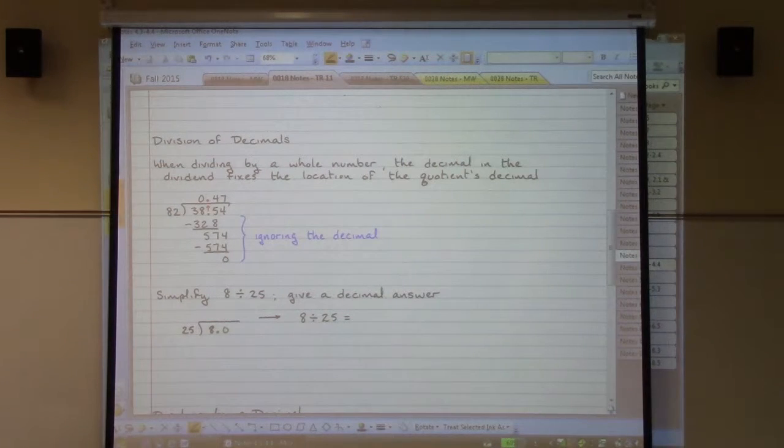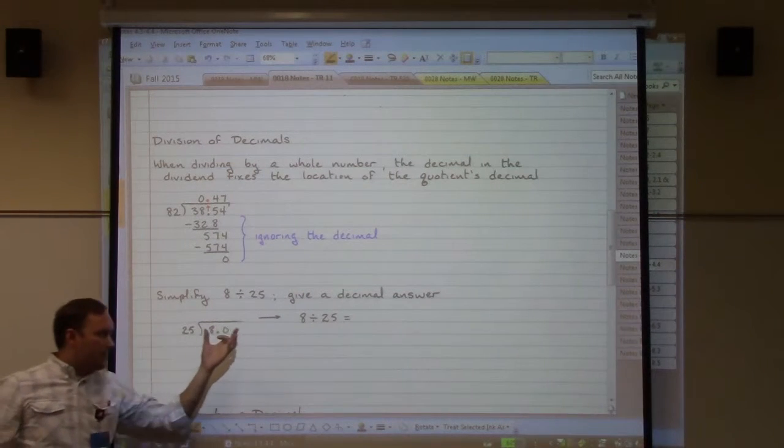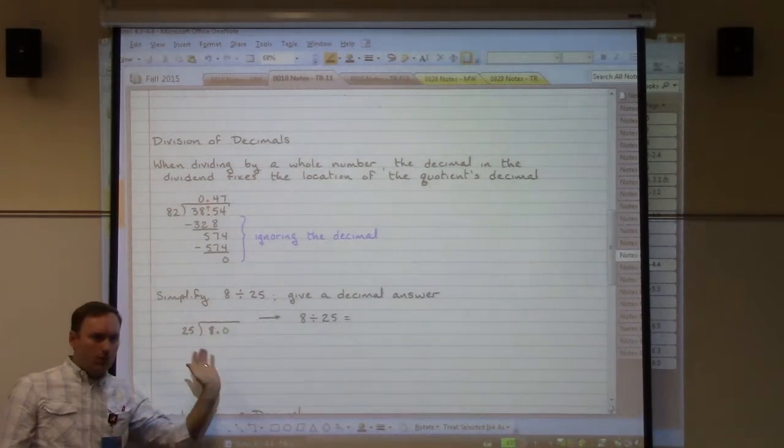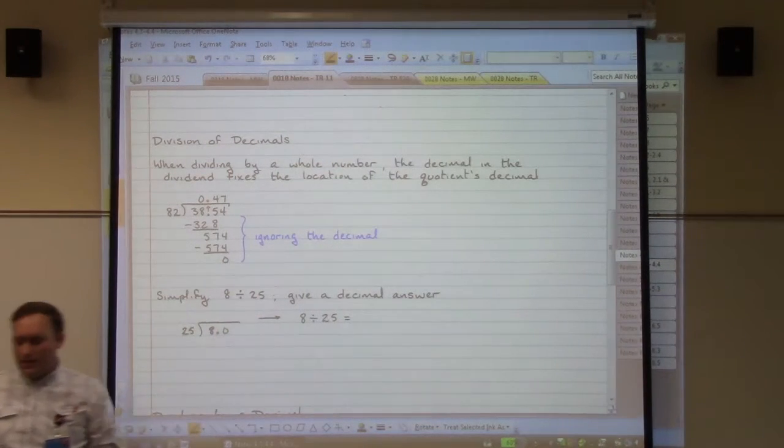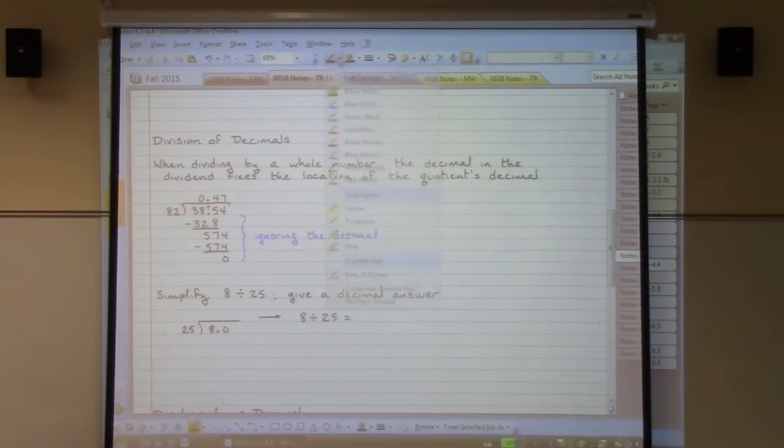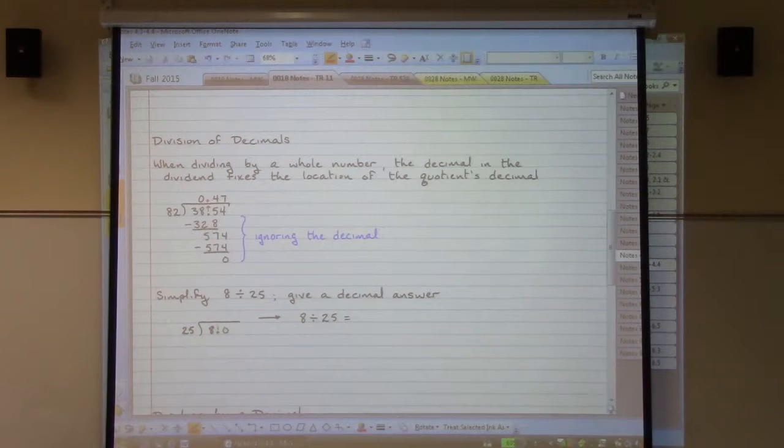That'll get us started. Before we actually start doing any of the division steps, we want to remember that if there is a decimal in the house, we want to raise the roof. So we're going to take that decimal point and raise that directly up so that it will appear above our long division symbol.